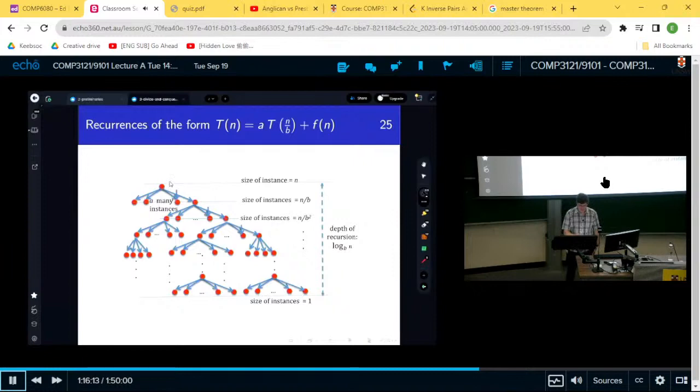From our original instance, we create a subinstances. From each of those, we again create a subinstances, etc. And when creating a subinstance, we divide the size by b.